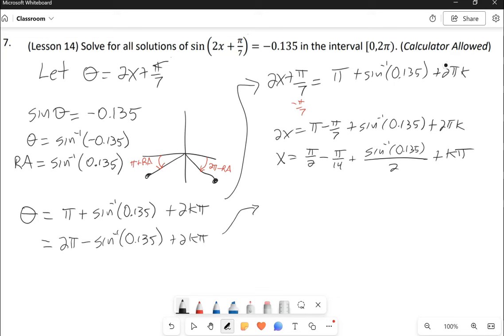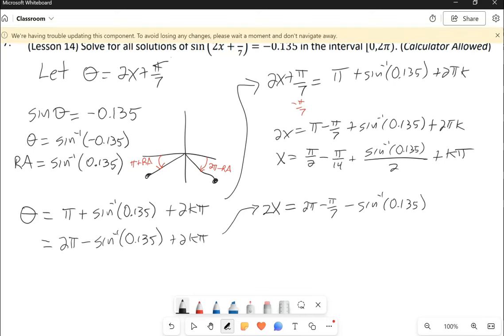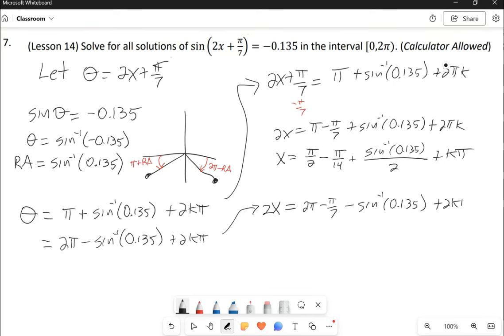Now the other, in a similar fashion, we would end up with, so instead of pi plus, it's 2 pi minus. So let's subtract the pi sevenths. And it's minus arc sine 0.135, plus 2k pi.